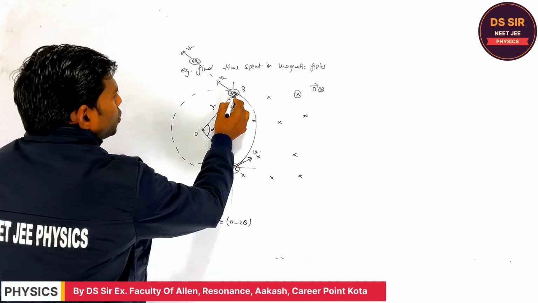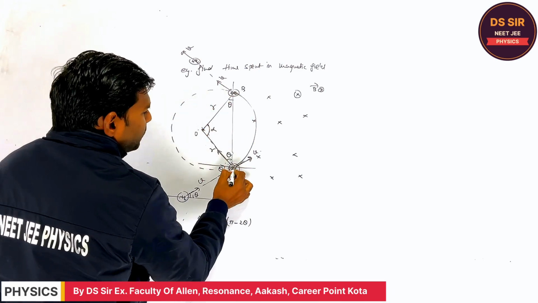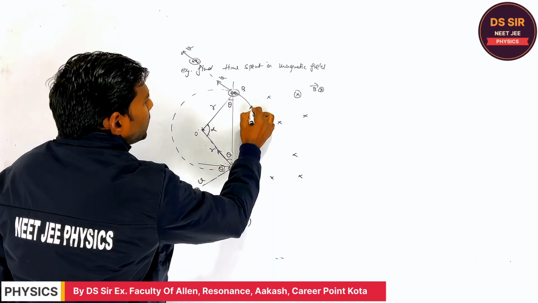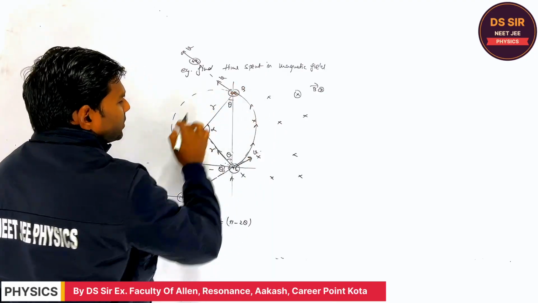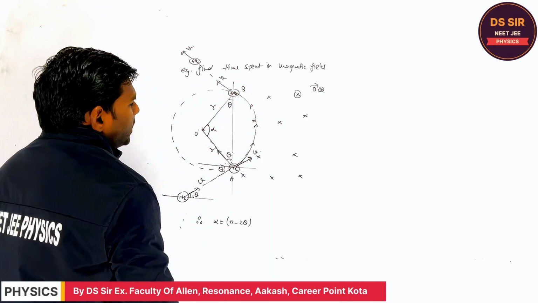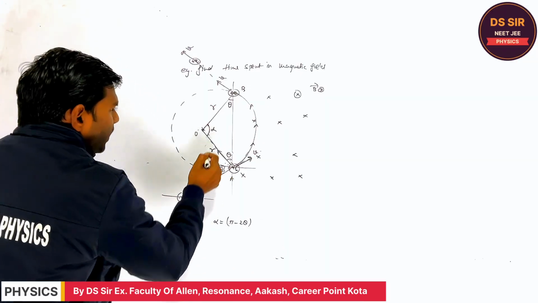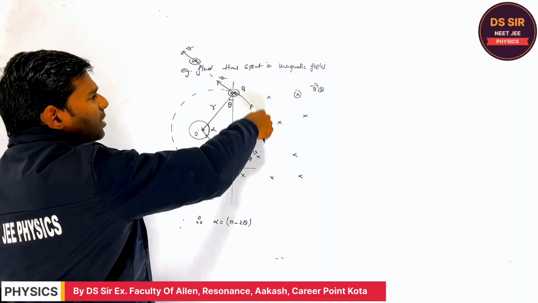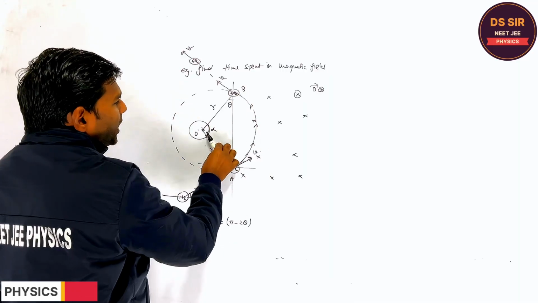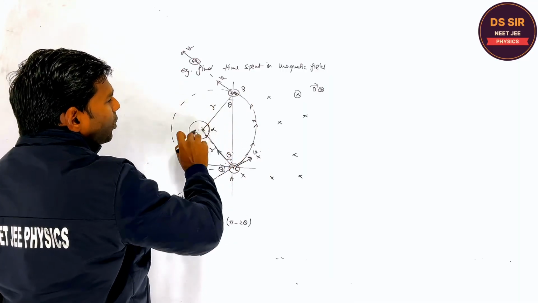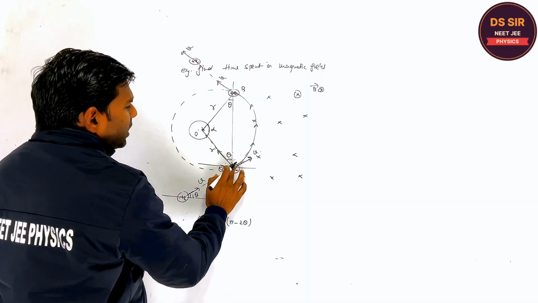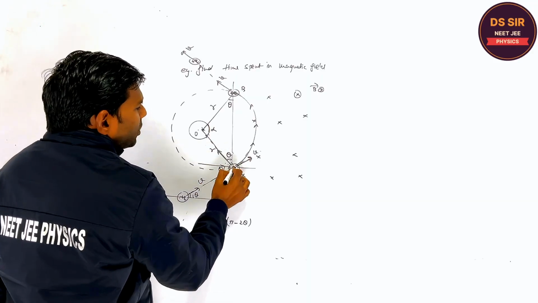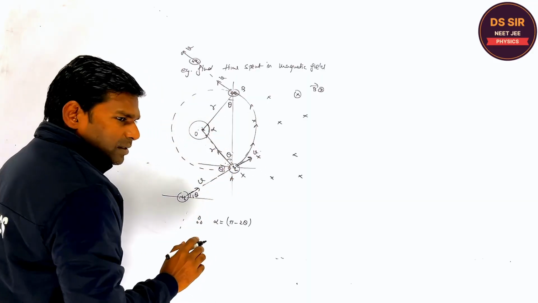So you tell me how to find the time from A to B in this way. How to find the time? Tell me. If it completes the circle, the angle made by the particle at the center is 2 pi.